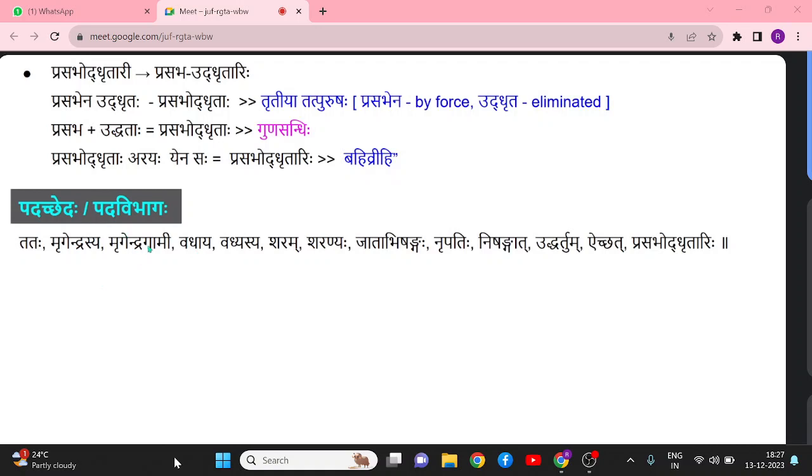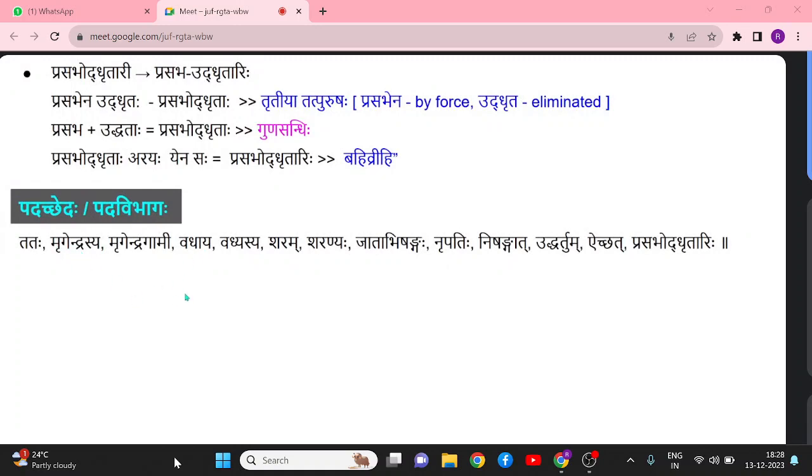Mrugendragami, it is describing Dilipa. Sharanyah, again Dilipa. Jatabhishangah, Dilipa. Prasabodhrutarih, that also Dilipa. What is all this Dilipa trying to do? Nishangat, sharam, uddhartum, aichhat. Nripatih also Dilipa. Then remaining is mrugendrasya vadhaya, to kill the lion.